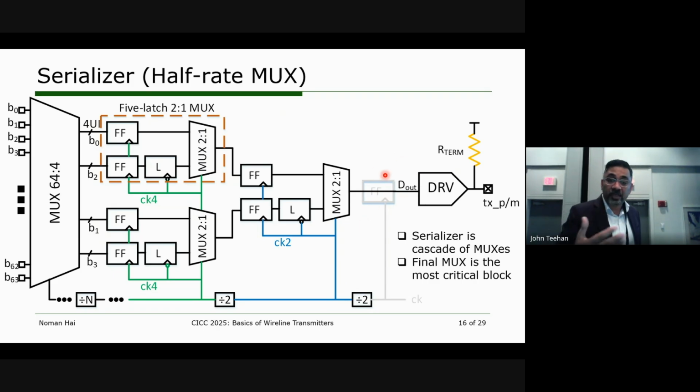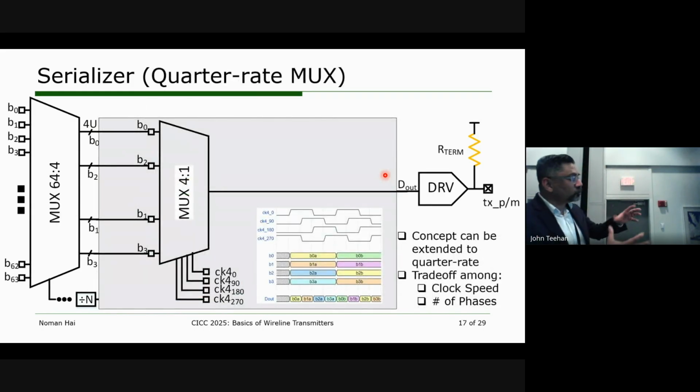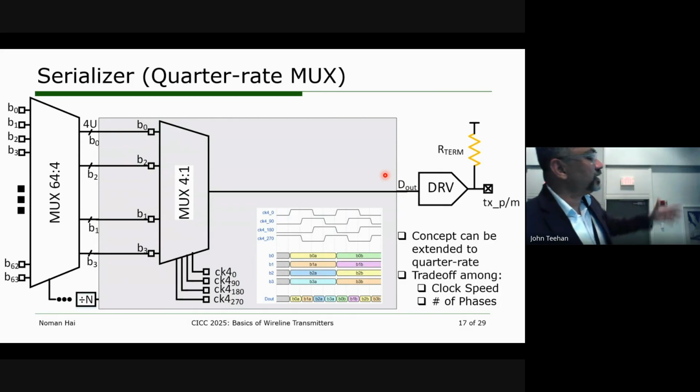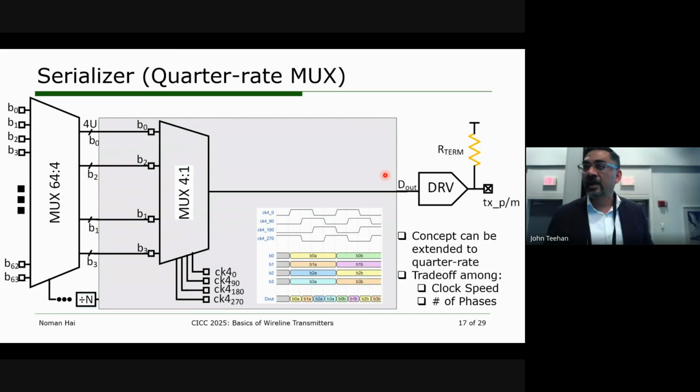The same concept of half rate can be extended to a quarter rate. I did not go through the technical details too much, but you can think that rather than having a half rate, we can have a quarter rate. And this quarter rate has become much more mainstream nowadays with more than 100 gigabits per second data rate. But the 4-to-1 mux, as I said, has become more mainstream.